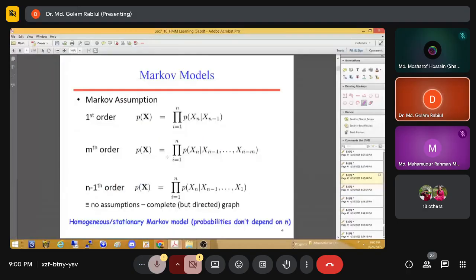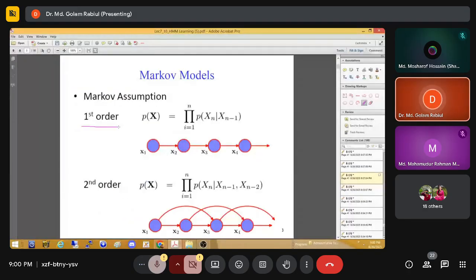So this is the first order Markov properties. It means x2 will only depend on x1, and x3 will only depend on x2.